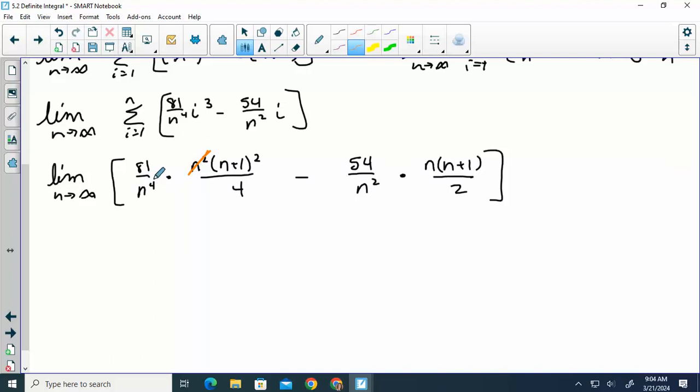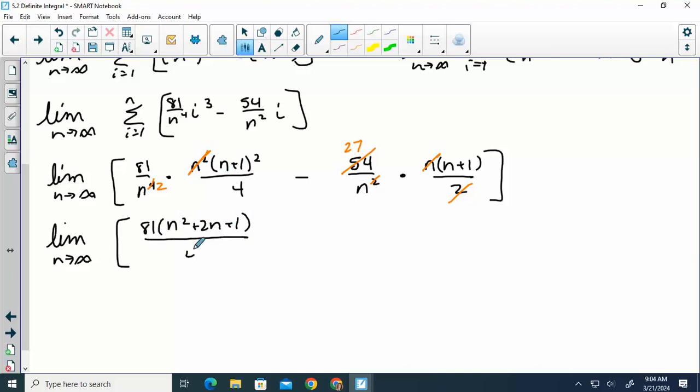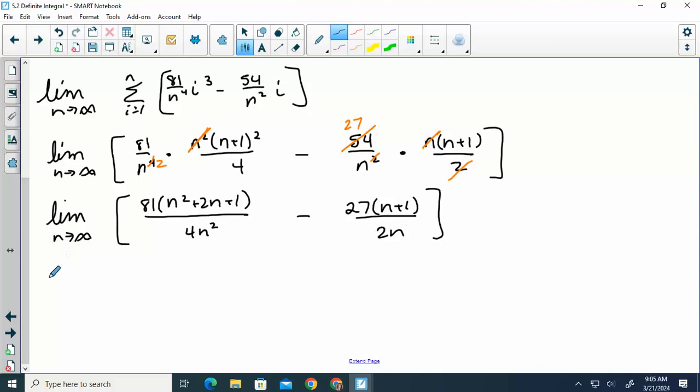We could reduce a little bit. I could cancel a couple of those n's. 81 over 4 doesn't reduce, but 54 over 2 could. 81 times n squared is 2 plus 1. Can I distribute and break apart these fractions at the same time?